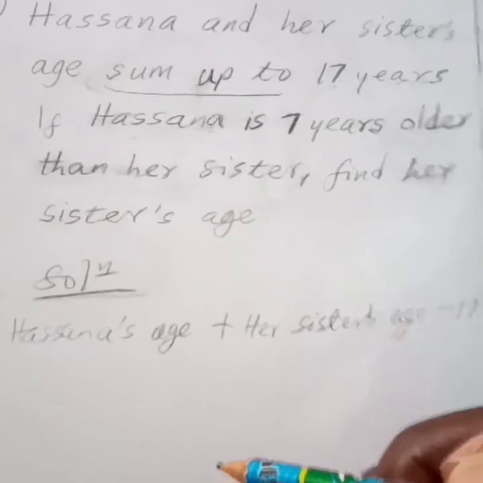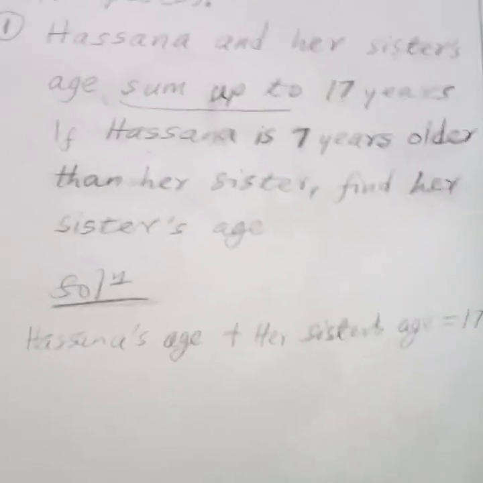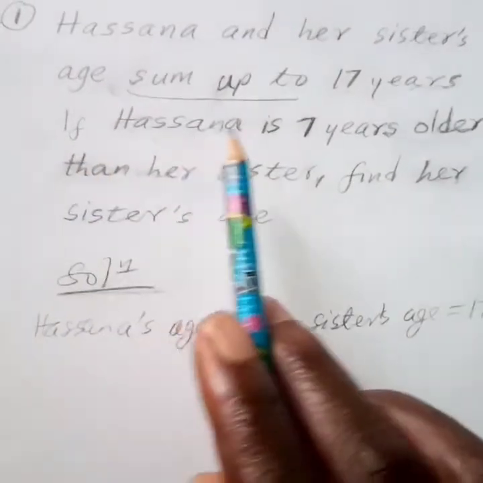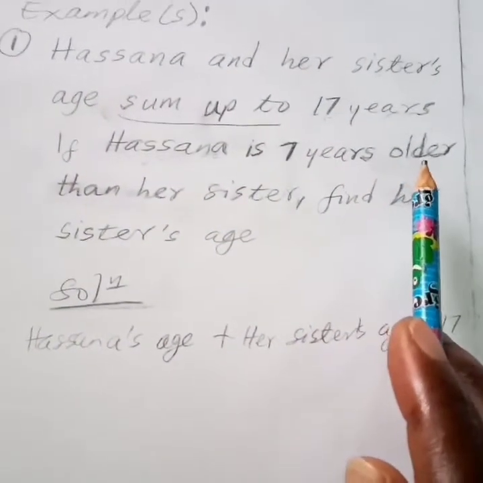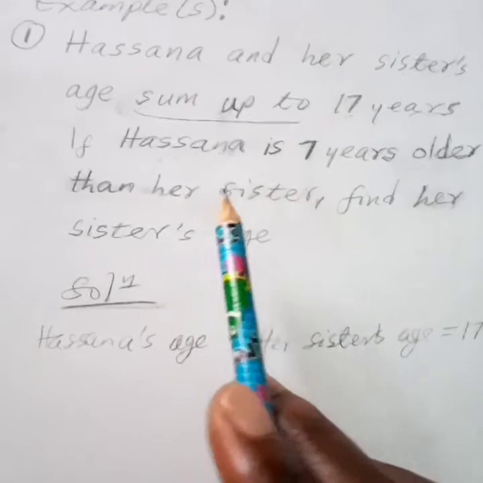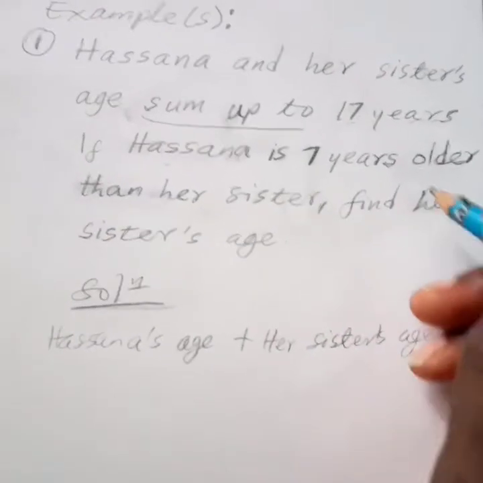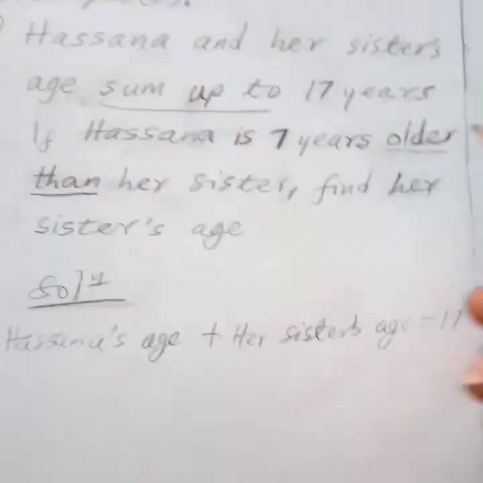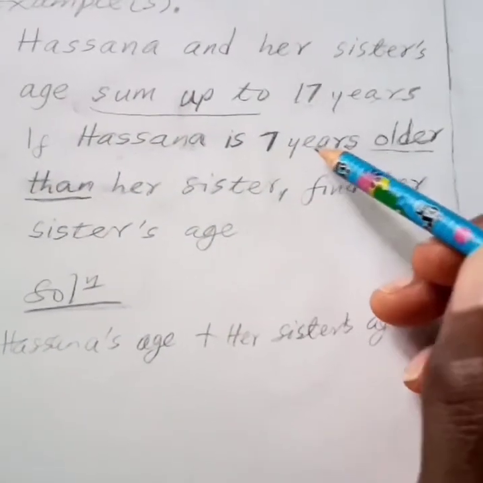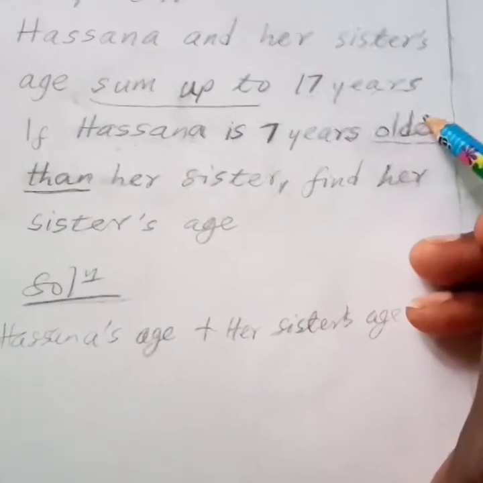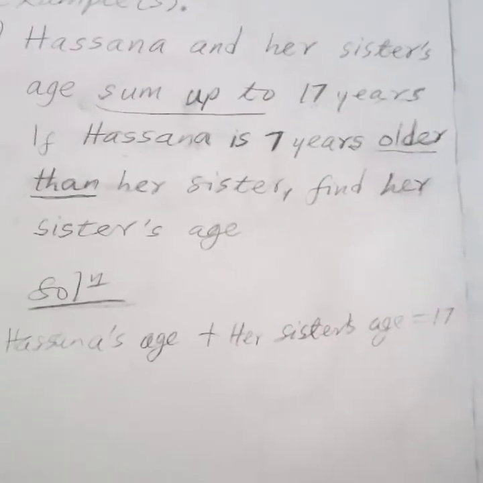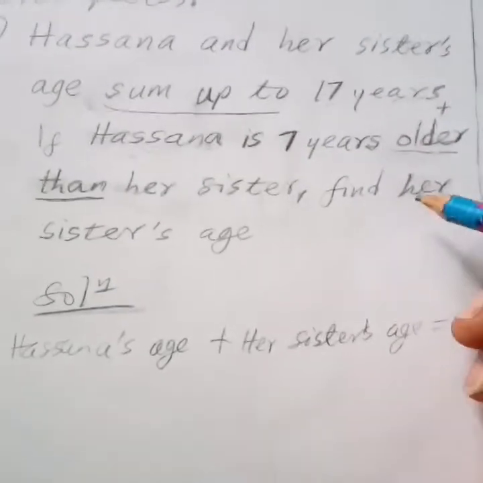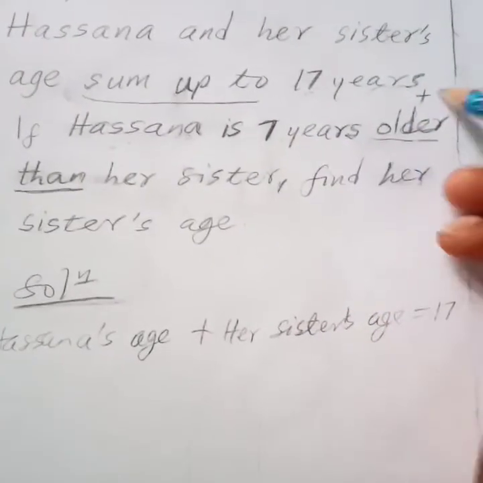Now, the second sentence says that if Hasana is 7 years older than, so there is a term here, older than. And that tells us that we should add. Older than means addition. What must we add? 7 years, so plus 7.